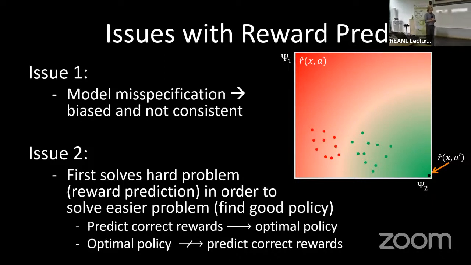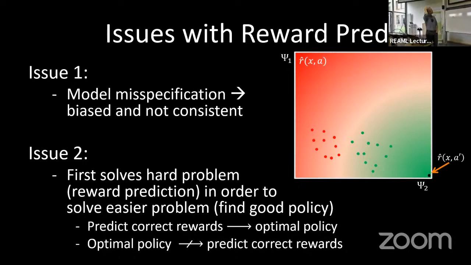Here, because it was a complicated underlying function, our model extrapolated in a bad way and picked these actions that were very far away and actually not very good. It's hard to detect that. So we had model misspecification, and that's basically what the problem is. And so we get a biased and not consistent learning process.